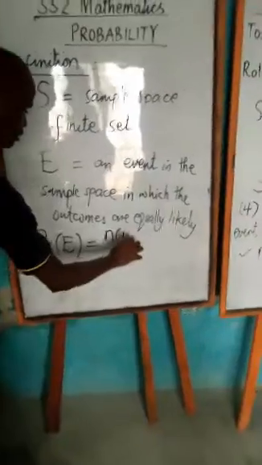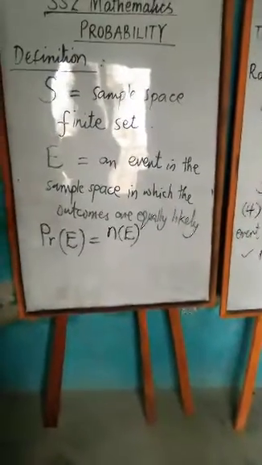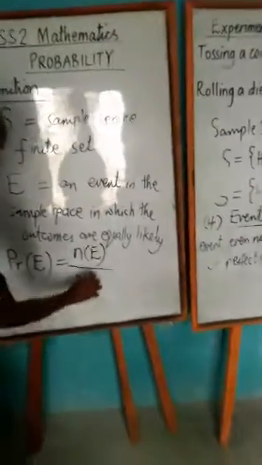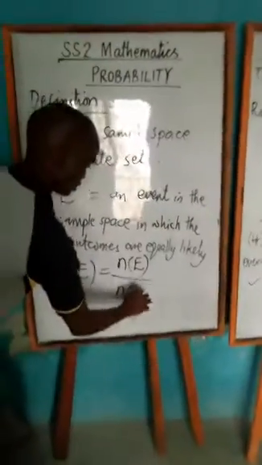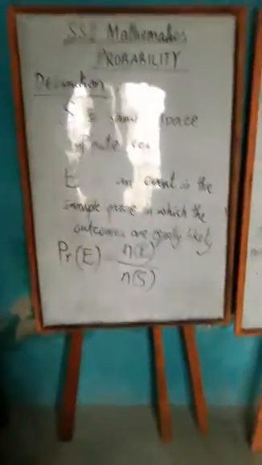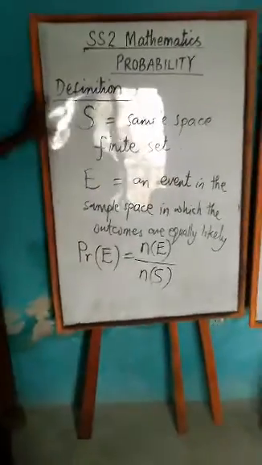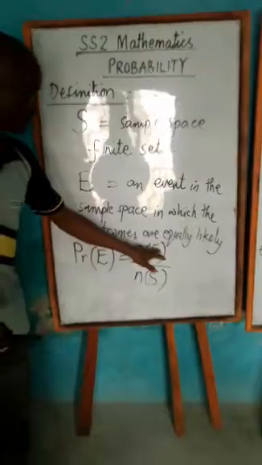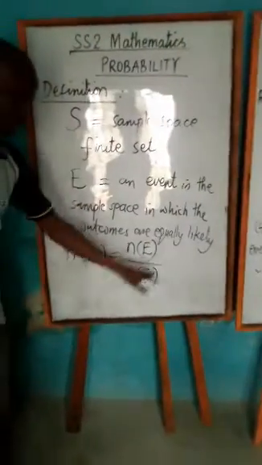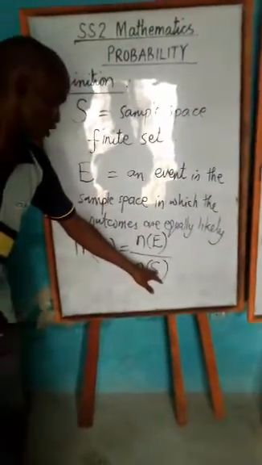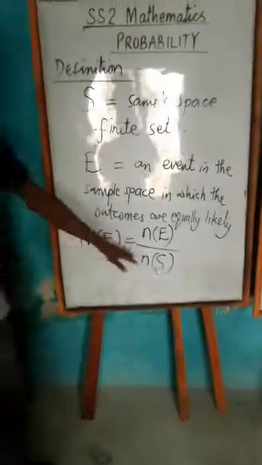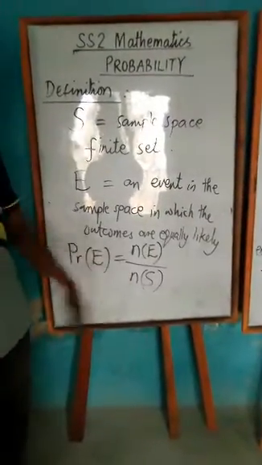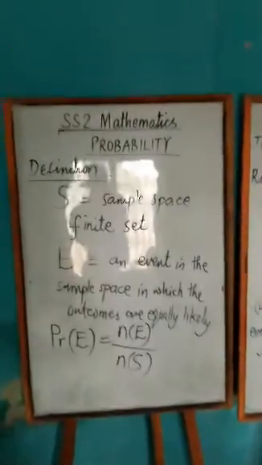So this is the number of outcomes in the event E over the number of outcomes in the sample space. So this is the mathematical definition of probability. Number of outcomes in the event over the number of possible outcomes in the sample space. You can say the total number of possible outcomes.